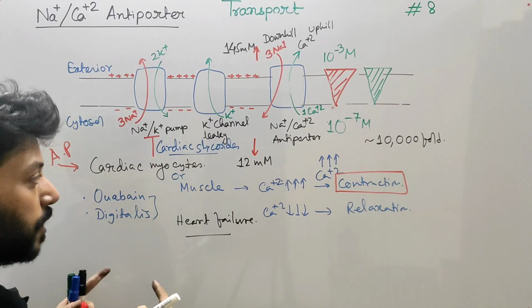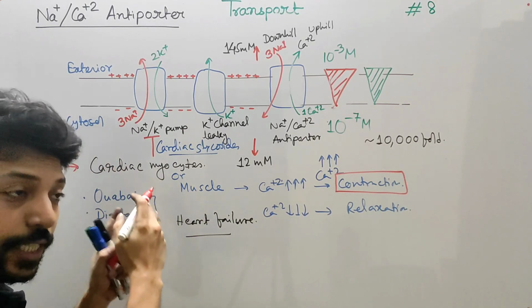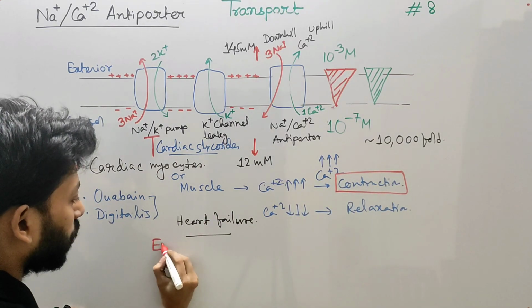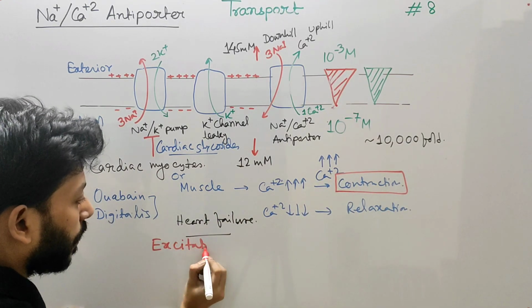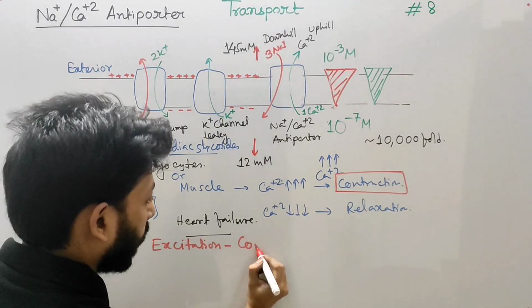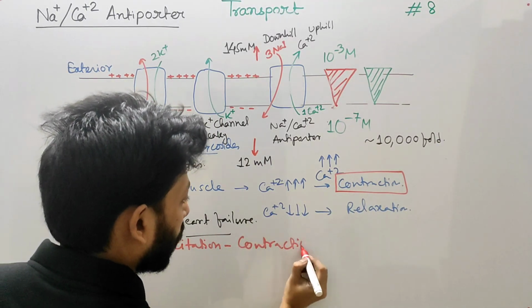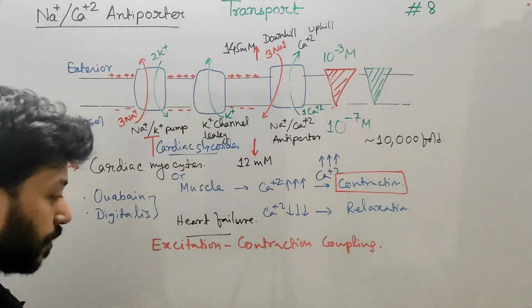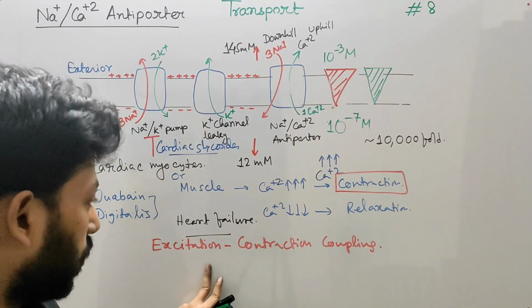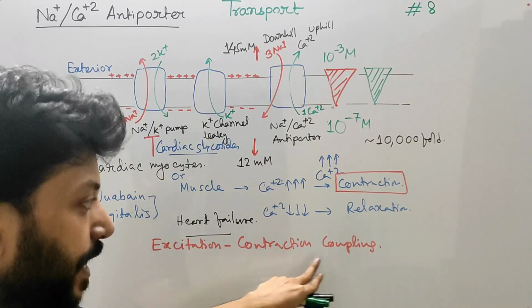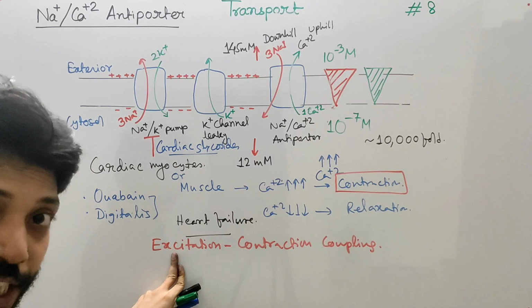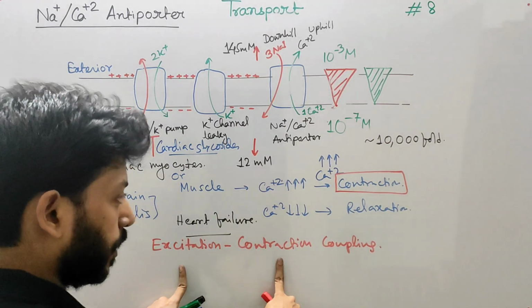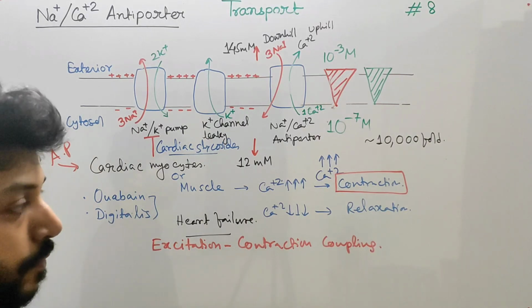This process of arising of action potential and causing of contraction we call excitation contraction coupling. Remember, this process is very important. Excitation contraction coupling means when action potential, that is excitation, occurs, contraction will occur. This follows together in the case of cardiac myocytes also.